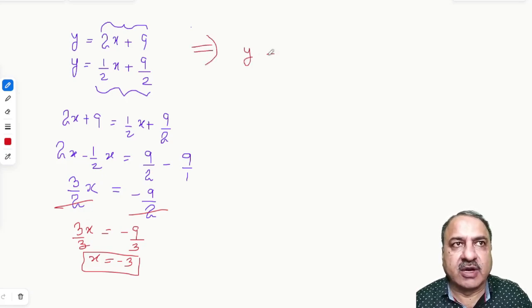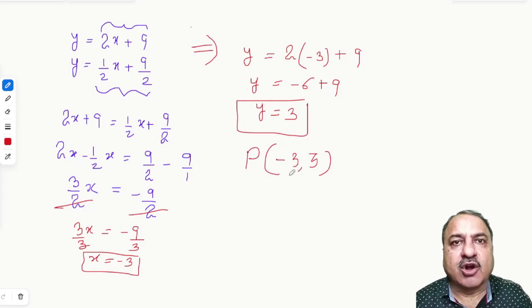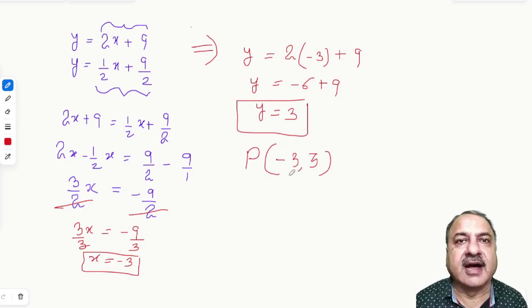So y equal to 2x plus 9. 2 into -3 plus 9. y equal to -6 plus 9. y equal to 3. So the coordinates of the orthocenter are (-3, 3).